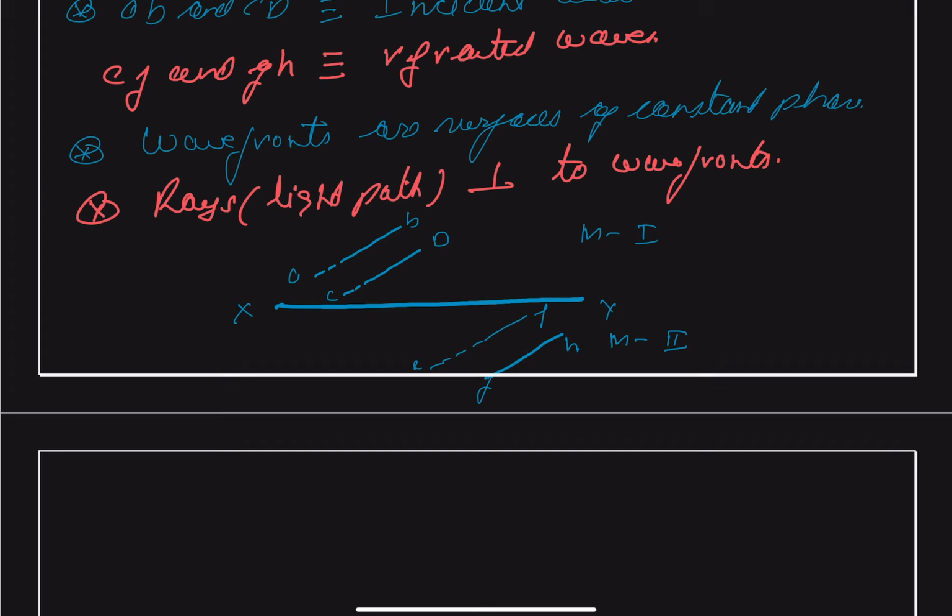If I draw a ray of light which is perpendicular to both the surfaces, it will be refracted at this surface and bend somewhat like this, staying perpendicular. So these angles will all be perpendicular. It is moving in this direction.